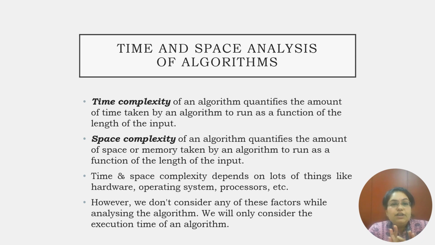Then, if we talk specifically about time and space complexity, it depends on lots of things like hardware, operating system, and processors. However, we don't need to consider any of these factors while analyzing the algorithm. We will only consider the execution time of the algorithm.